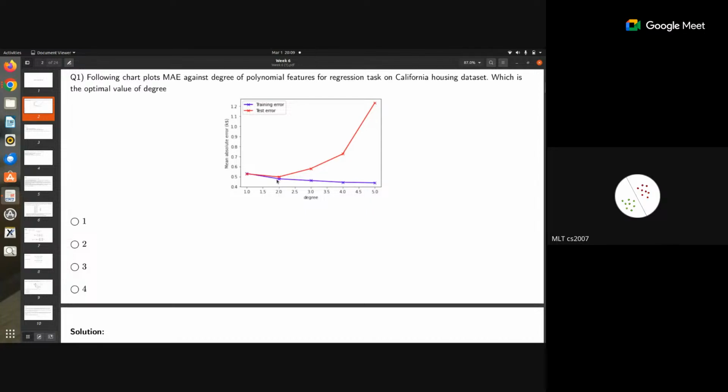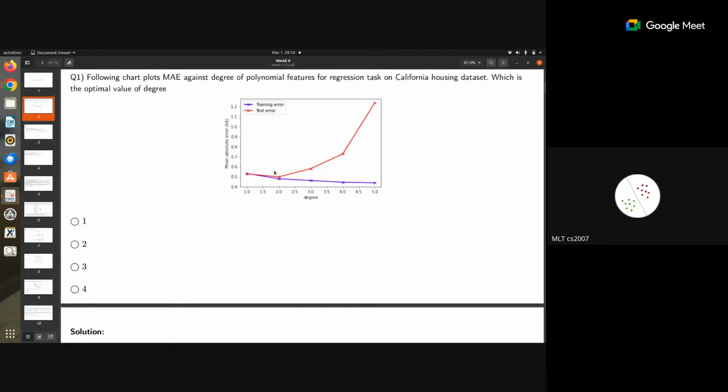So test error is lowest at degree 2, and at the same time the training error was also lower. Here we can see that we could have 2 as the answer or 1 as the answer; the possibility is between 2 and 1. But we should also look for the lowest test error.